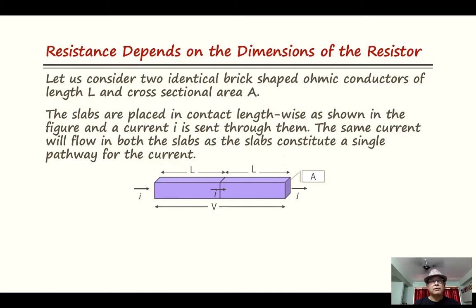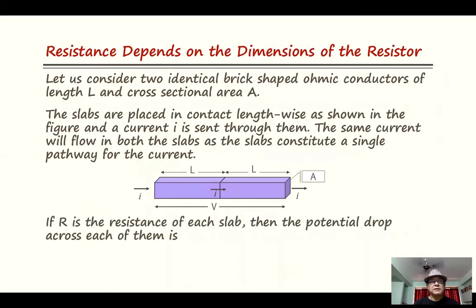The same current will flow in both the slabs as the slabs constitute a single pathway for the current. If R is the resistance of each slab, then the potential drop across each of them is V equal to IR. This is equation 1.